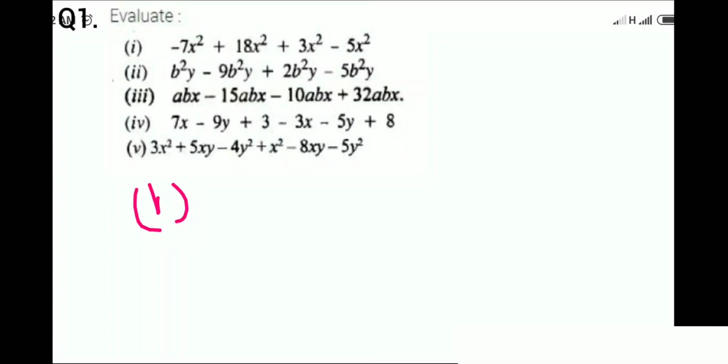And this we will rearrange in the way that all the values with same variable will be written together, and then the calculation will be done.